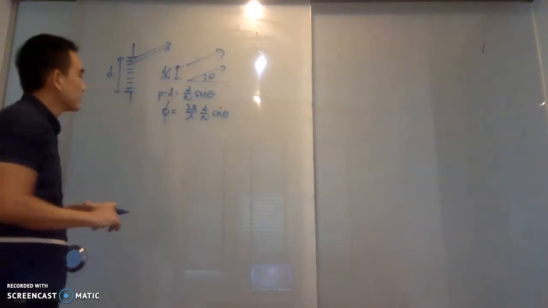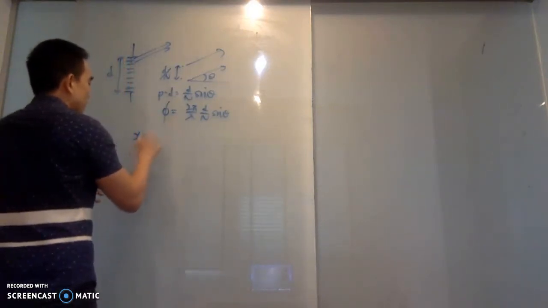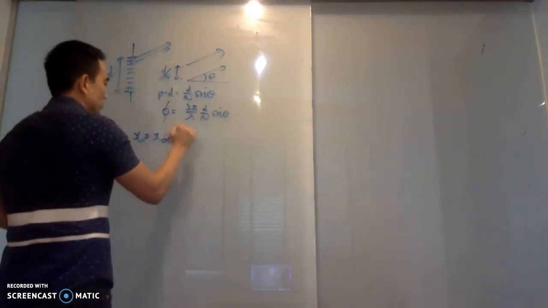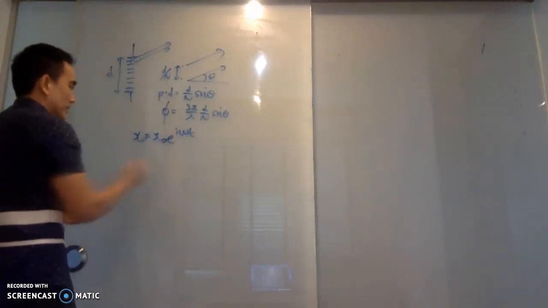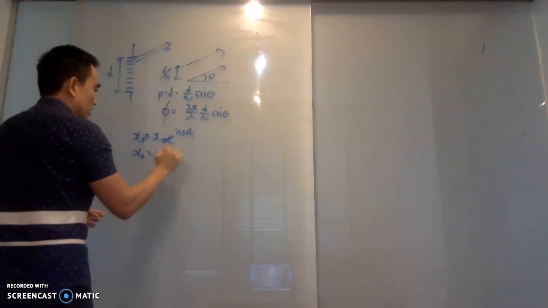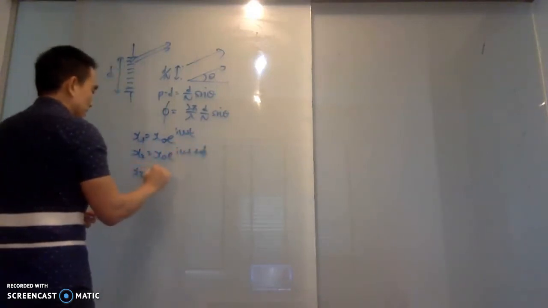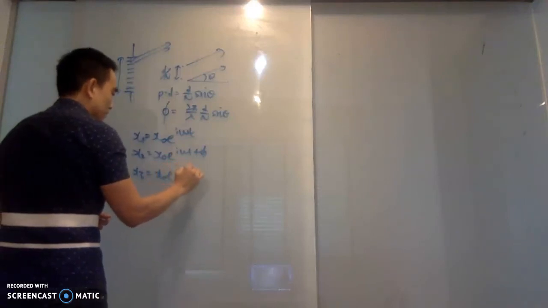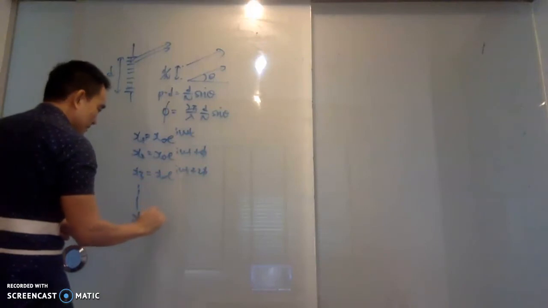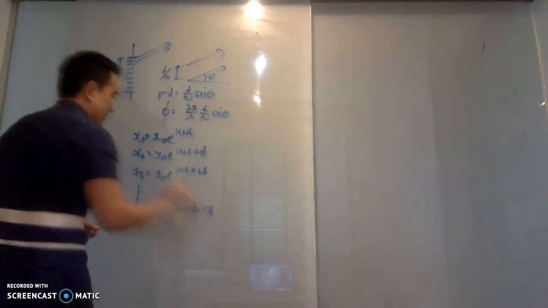If you are not very clear about phase difference, refer to the video that I have earlier regarding phase difference. Alright, now the way we denote the wave is, for the first source, let's denote it by this. And the second one is going to be x naught e^(i(omega t plus phi)), and then x3 is x naught e^(i(omega t plus 2 phi)), and then xn is x naught e^(i(omega t plus (n minus 1) phi)).